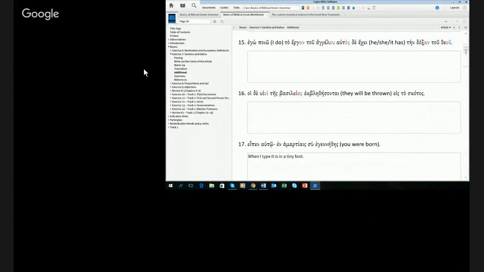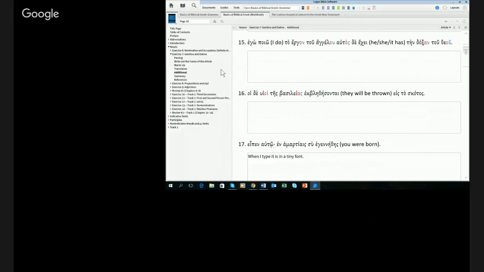Ego poio. Ego is I. You can see we get the ego from that. Ego, I. Poio means I do. So when you have the ego separate, it's rather emphatic. I do. To ergon. Now, the on ending can be nominative masculine singular, but it can also apply to neuter second declension nouns, in which case it can be nominative or accusative.